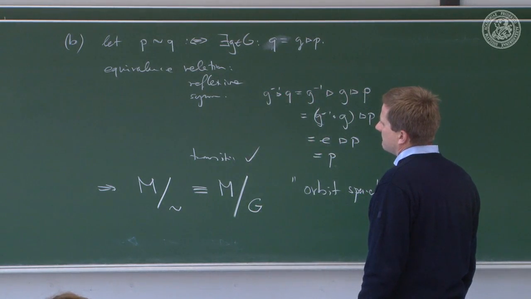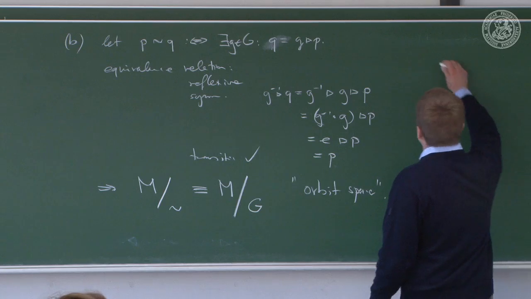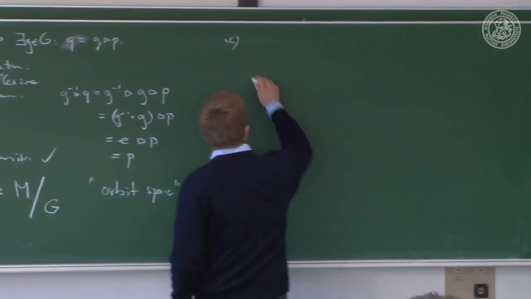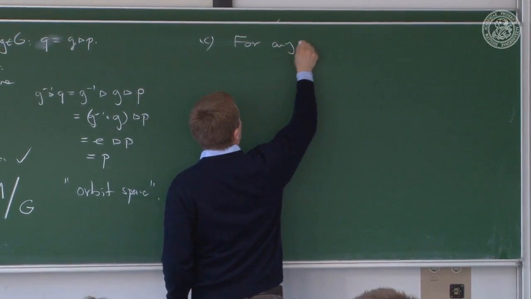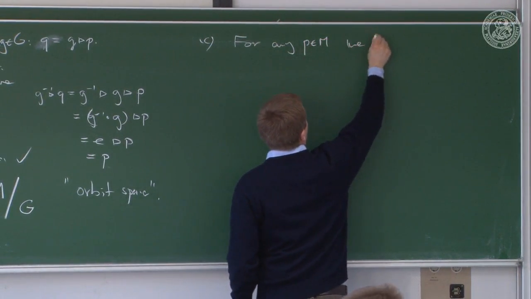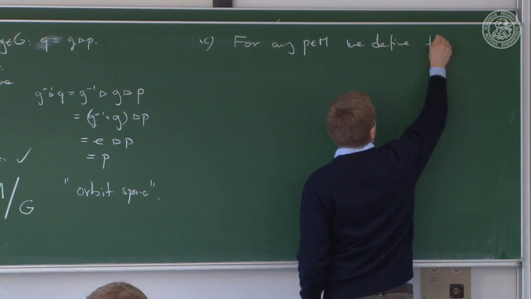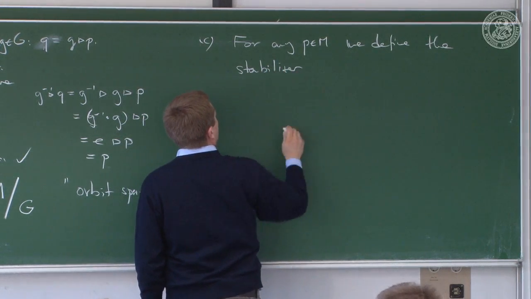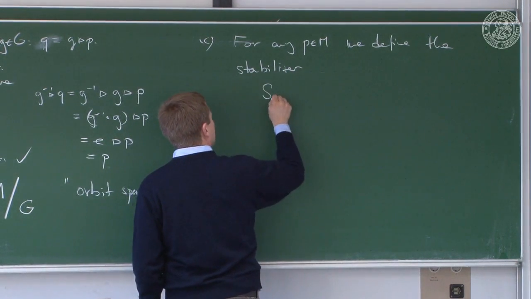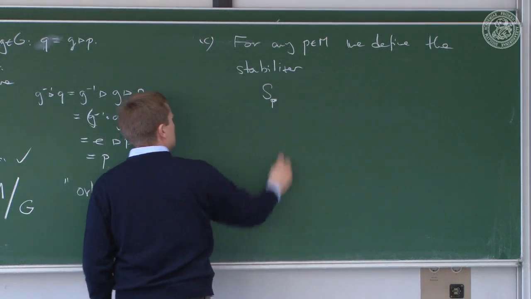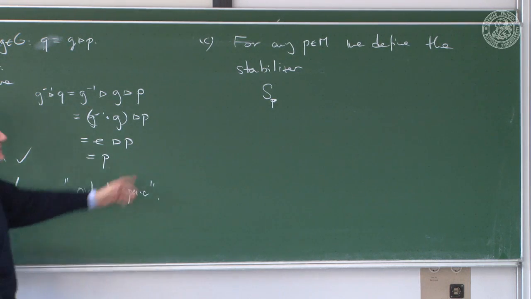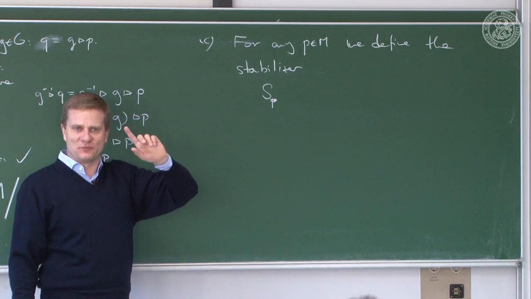Right. Okay, so then let's have C. We define for any point P in M the stabilizer. That's now again a set, let's call it S sub P, because it depends on the point where you are. But while the orbits were a subset of the manifold, the stabilizer is a subset of the group.